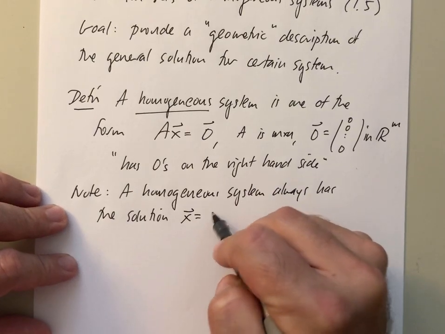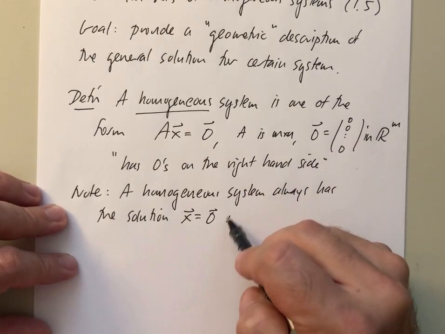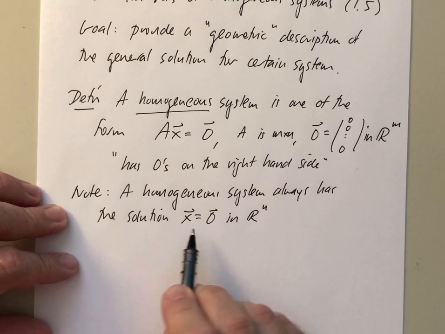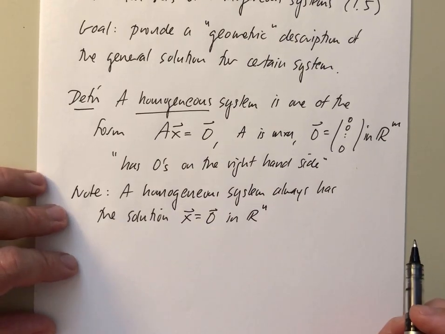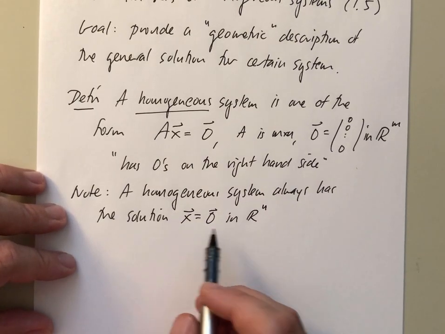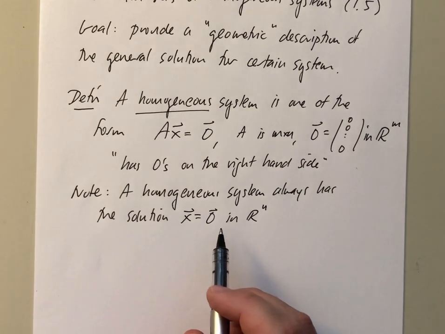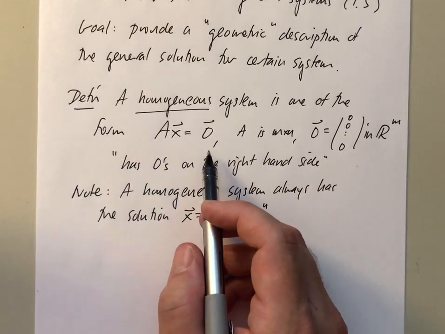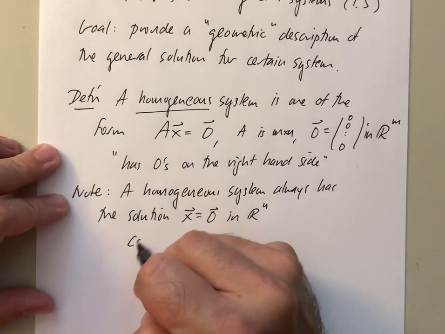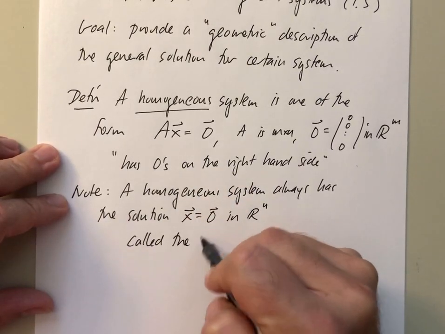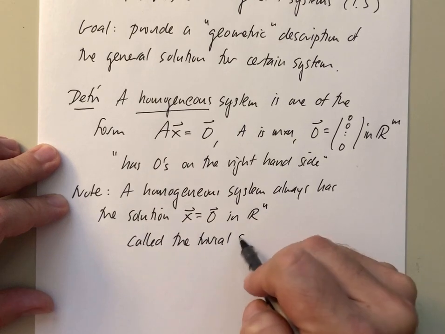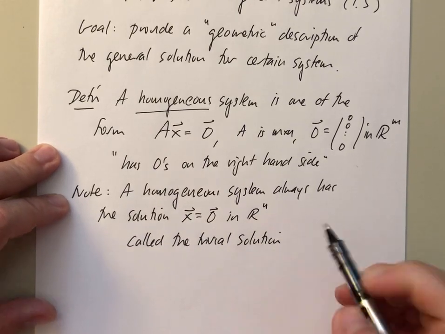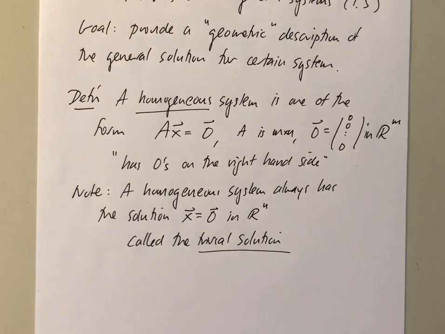So x equals the 0 vector. Notice that this is a vector in Rn because I have n variables. This is an important observation. I can always plug in all variables equal to 0, since the right-hand sides of the equations are all equal to 0, so it'll always work. This is called the trivial solution, because it's trivial in the sense that it's always there, it's 0.